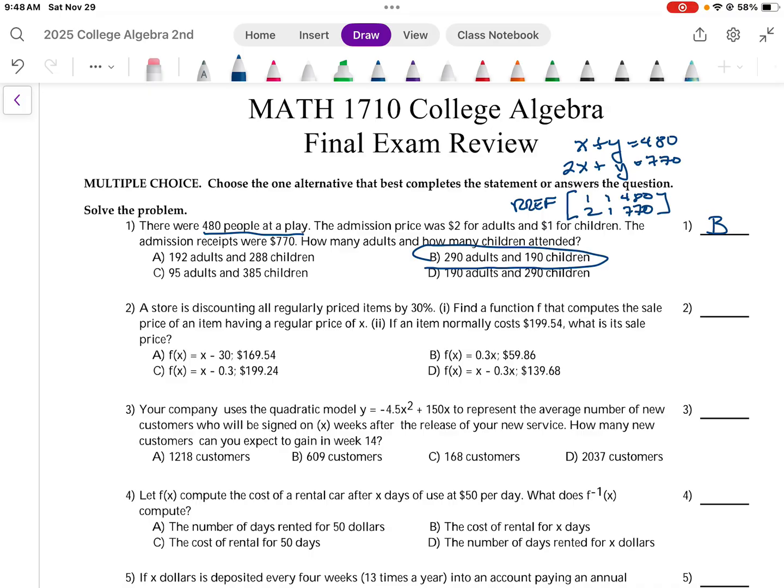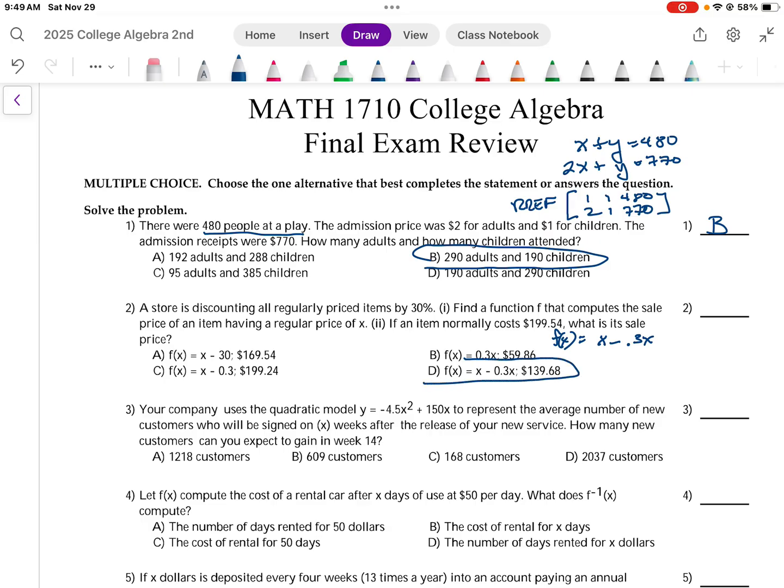When you look at buying something, you have the original price, and then you're supposed to take 30% off of that original price. So here, I'm liking if we let X be the original price, and then I subtract off 30%, which would be 0.3 times X. So there's our function.